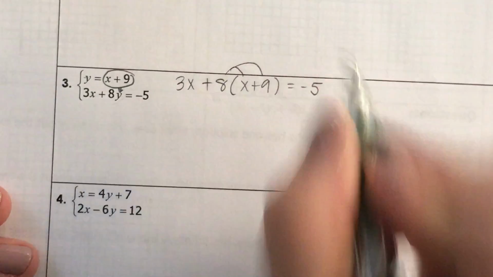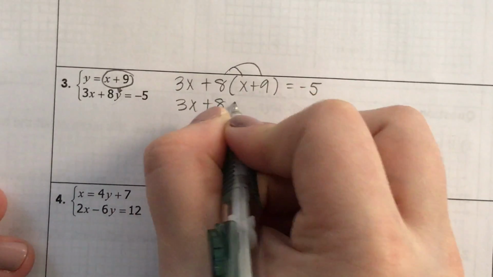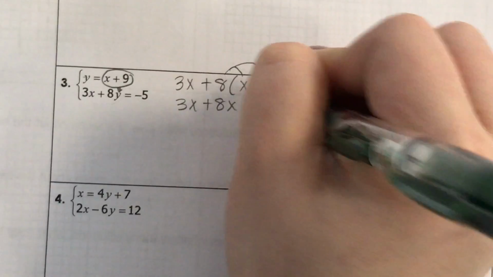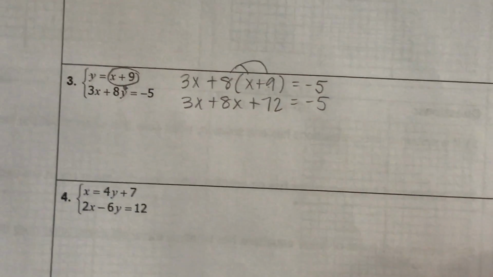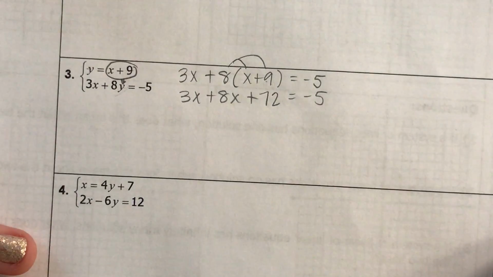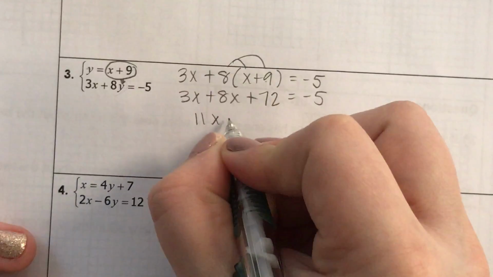So I'm going to distribute. Okay, so 3x plus 8x plus 8 times 9 is 72 equals negative 5. Okay, I'm going to combine like terms. 3x and 8x make 11x.